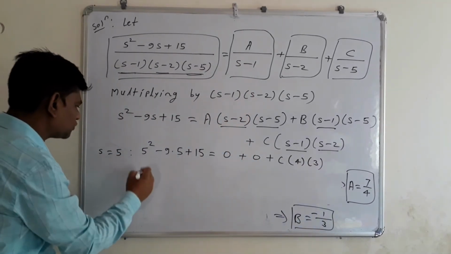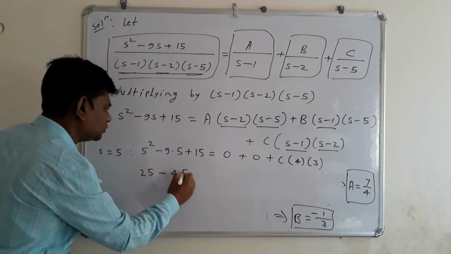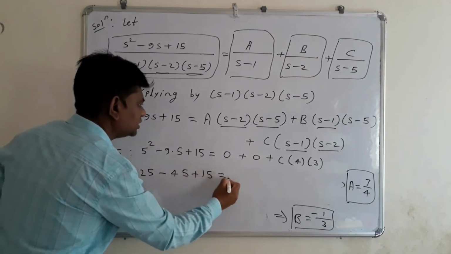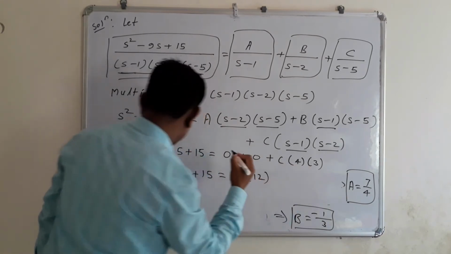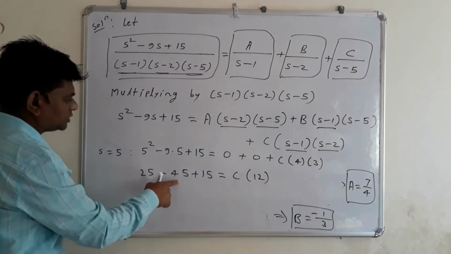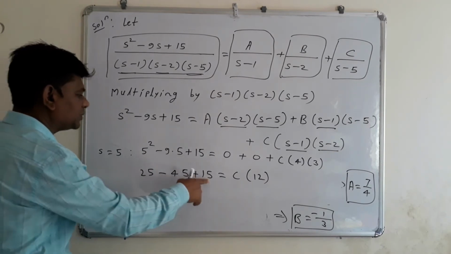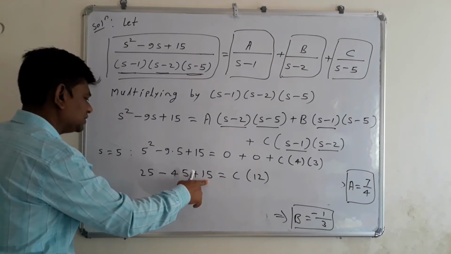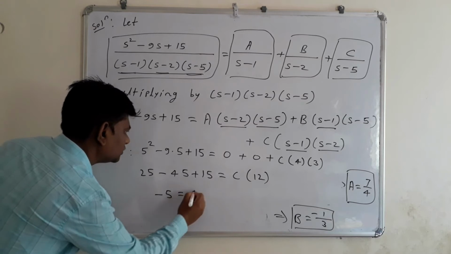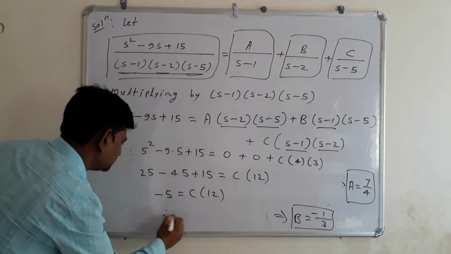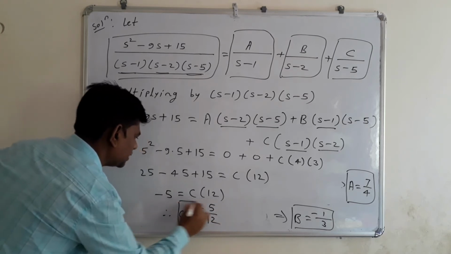Now 5² means 25, minus 9 times 5 means 45, plus 15, is equal to 4 times 3 means 12 times C. Now 25−45 means −20, plus 15, the answer is −5. So −5 equals C times 12, therefore C is equal to −5/12.